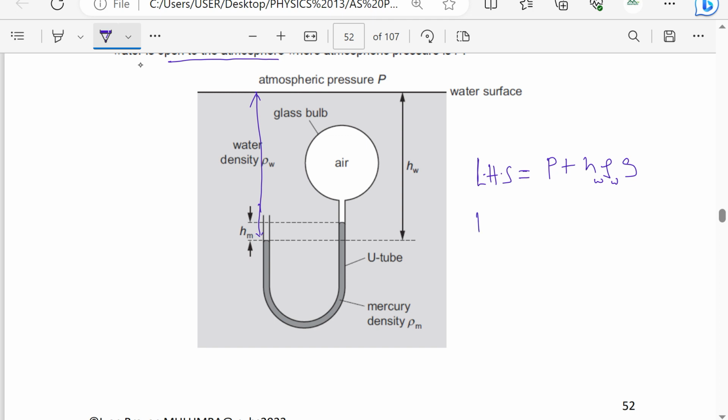Then the pressure due to air should be equal to the pressure on the left hand side minus the pressure due to the liquid in the tube.